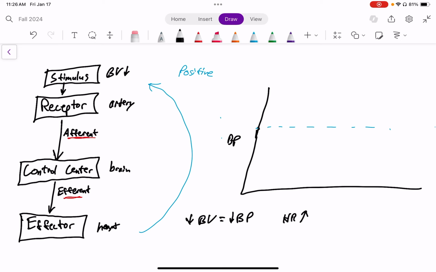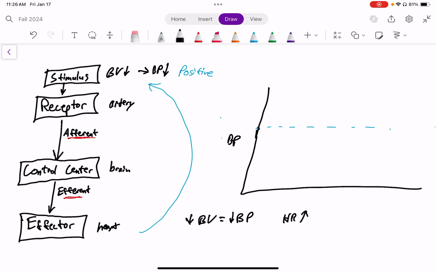Now, this will increase blood pressure, but at the same time, this will cause more blood to flow out of the limb that you've gotten cut off, because more blood will leave. And so the heart here actually increases the stimulus of blood volume, where the blood volume continues to go further down. And that then also causes the blood pressure to go further down.